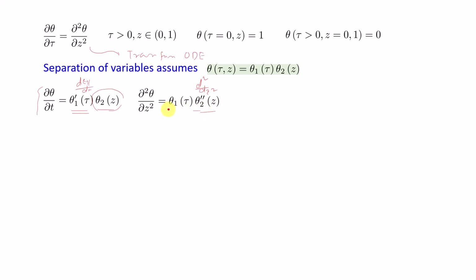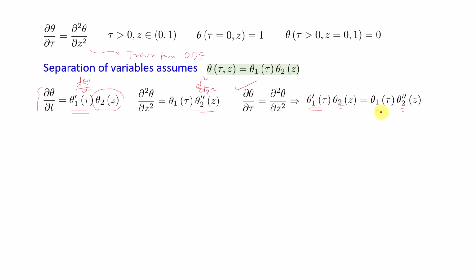Now I can plug these two results into my equation and see how it looks. This governing equation has now transformed into theta 1 prime theta 2 equals theta 1 theta 2 double prime: the first derivative of theta 1 and the double derivative of theta 2, but they are ordinary derivatives, not partial. That is the good thing.